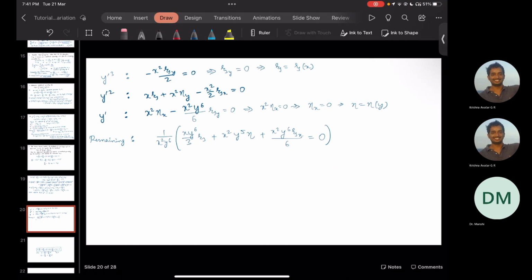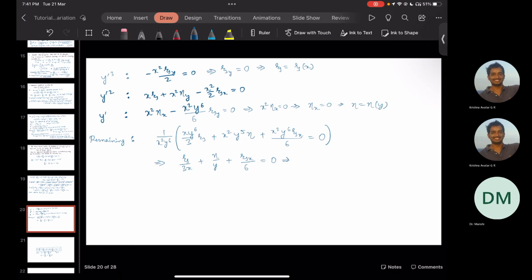And this gives us xi by 3x plus eta by y plus xi x by 6 equal to 0. Isn't it?